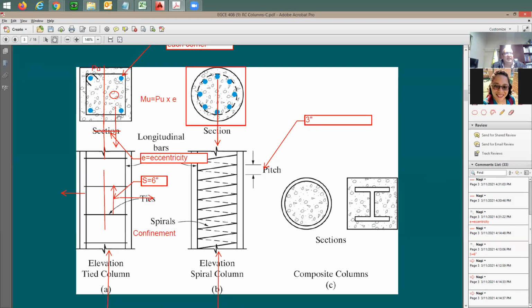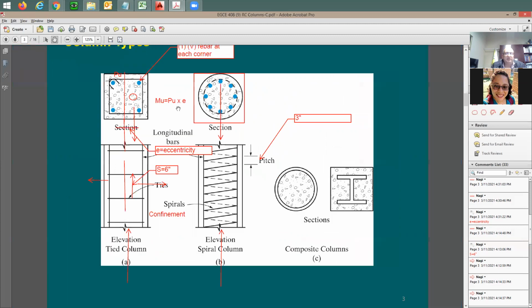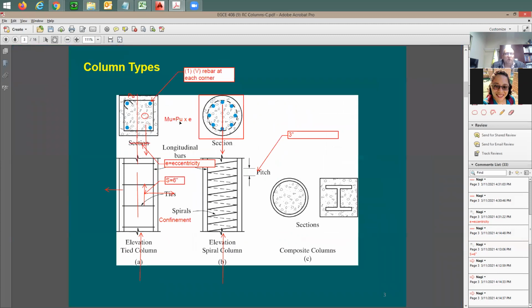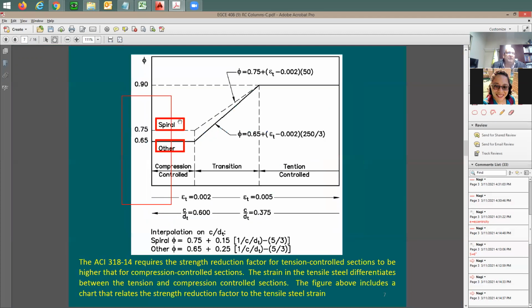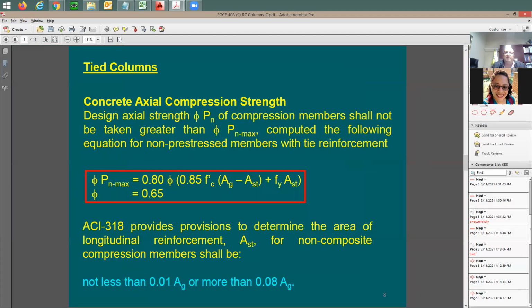If this e is small enough that we can ignore it in our analysis, we call this small eccentricity. Whenever we have a small eccentricity, I can ignore the effect of this moment, and for that, I'm going to be using this factor of 0.8. So what is the reason that we have this 0.8?